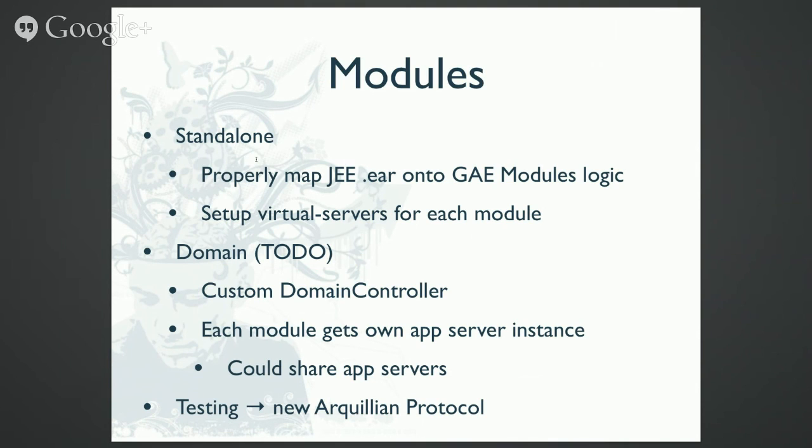But for now I think we have a couple of virtual servers already configured, and if you deploy an EAR, it uses those pre-configured virtual servers. So one module would go to 8080, the other one to 8180, the next one to 8280, and so on, right?